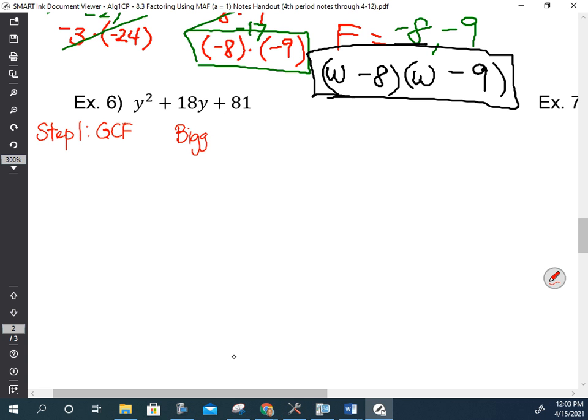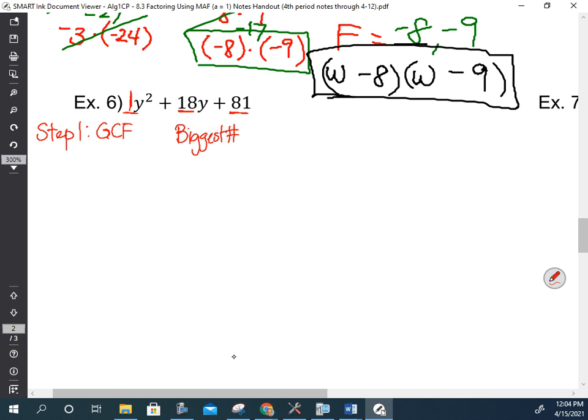So we have to find the biggest number, meaning the biggest number that can come out of everything. There's a 1 there, an 18 there, an 81 there. There's only one way to multiply times 1: 1 times 1.